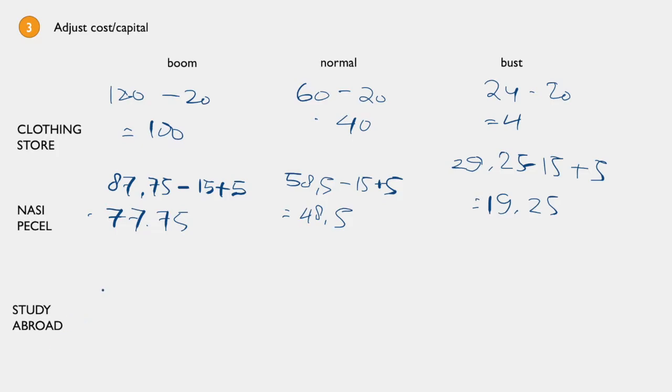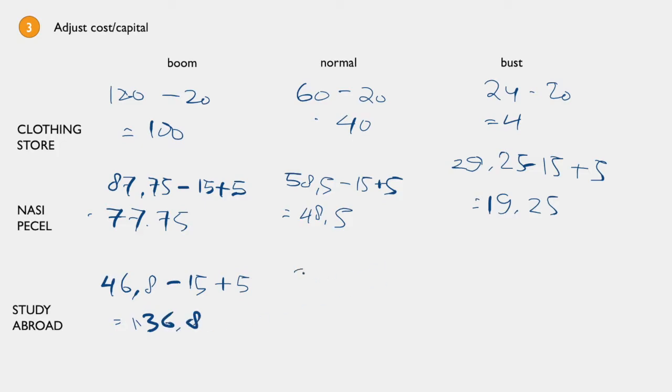For study abroad, we have 46.8 minus 15 because of our miscellaneous expense, plus 5 because we still have those from our 20 million. So it will equal 36.8.